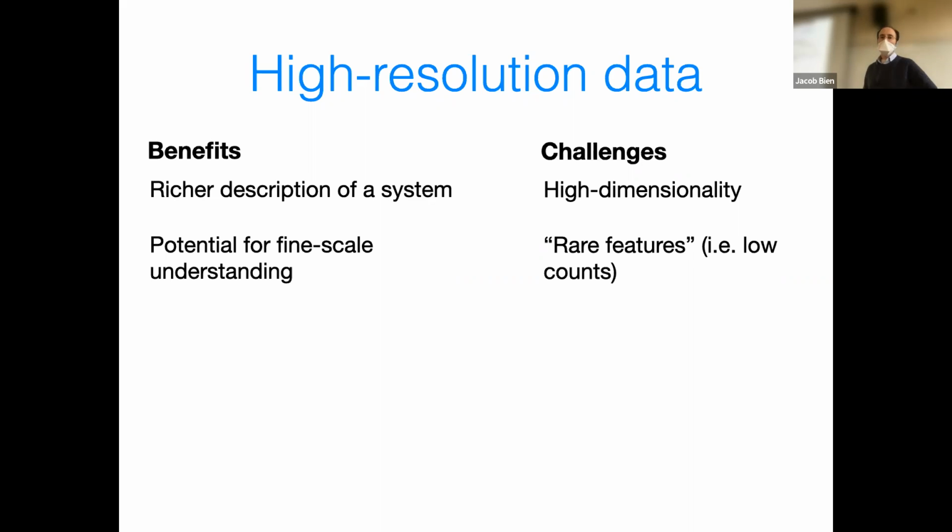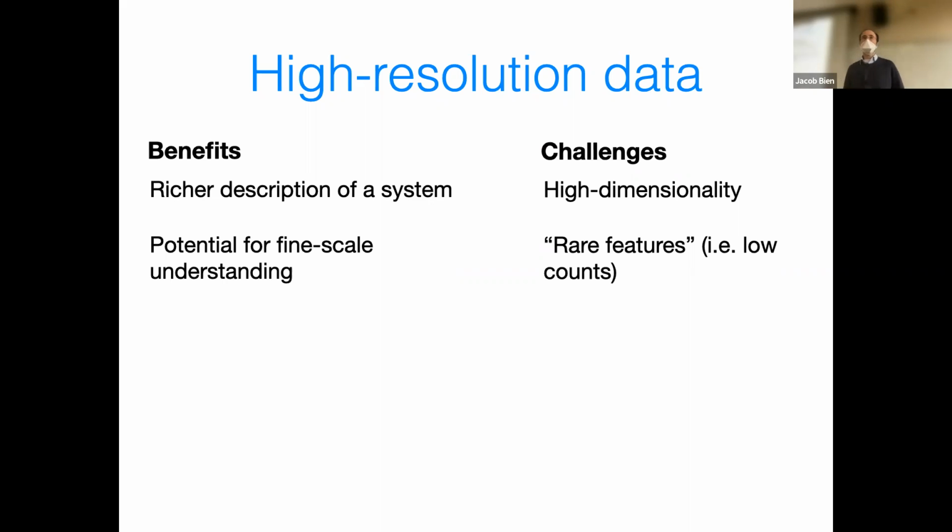For example, if you're measuring the number of times some event occurs, and you've defined that event to be specific enough, then maybe you'll find that it rarely occurs. Now you're dealing with a feature that's actually quite difficult to say anything about statistically.